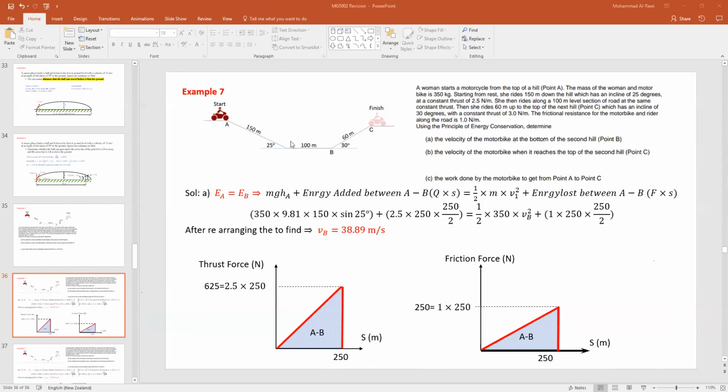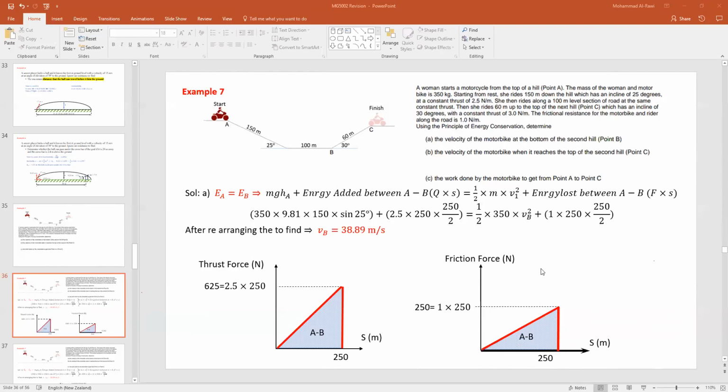equals, what do you have at point B? You have kinetic energy, from which we want to find the velocity at point B, and the mass is the same, plus you have a friction or energy loss between A and B due to friction. So what's telling us in the question, if you read carefully, there is a friction of 1 newton per meter. So she's done about 250 meters distance times the friction 1, which will give you 250.